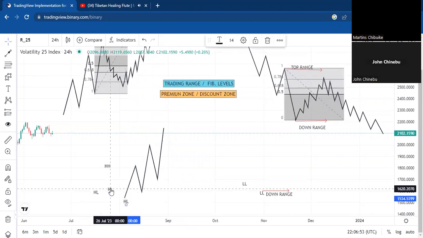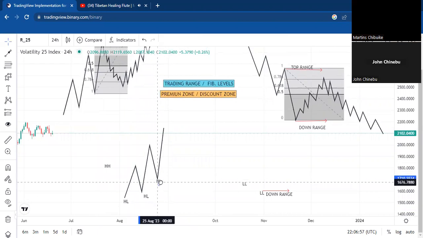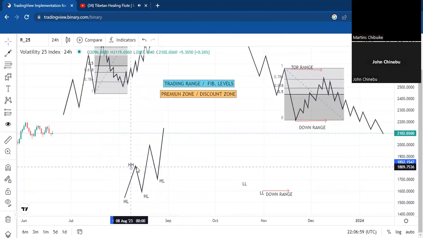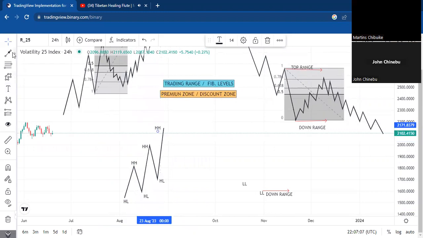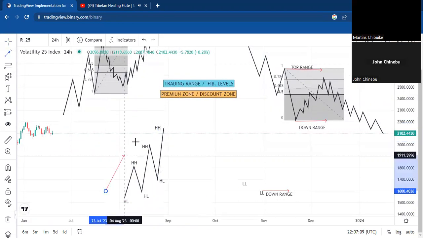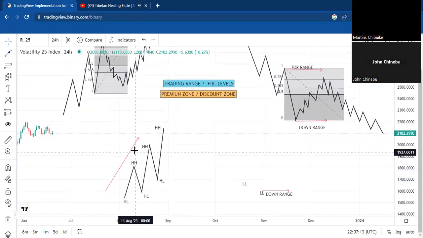You can mark the series of higher lows, and you should mark the higher highs. So this is your structure. You have identified that this market is bullish. Is it not true? It's true.